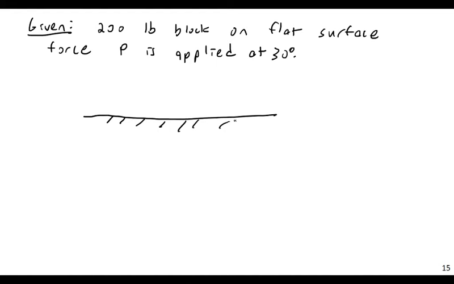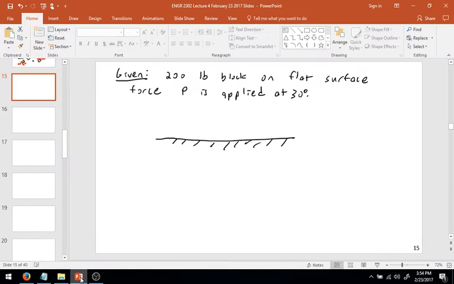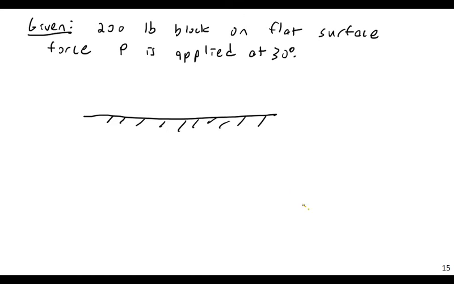So I'm going to have my surface, and on this is going to be the block. It's a perfectly horizontal surface, as you can tell from the perfectly horizontal line I drew.